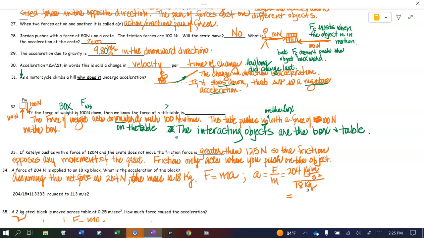The box pushing downward on the table is the action force. The table pushing up with the same amount of force is the reaction force. That is the reaction force.